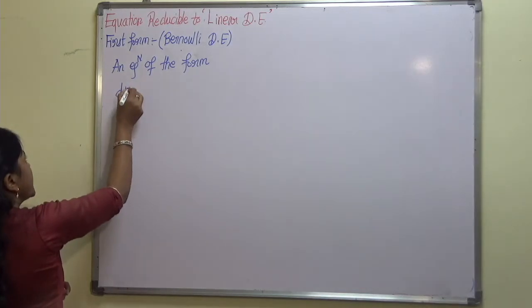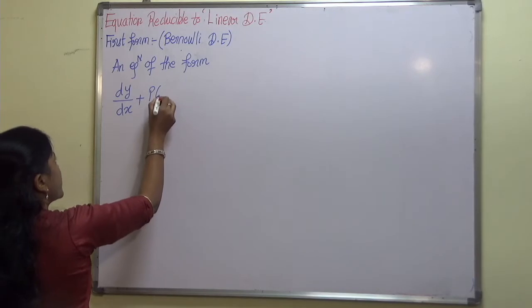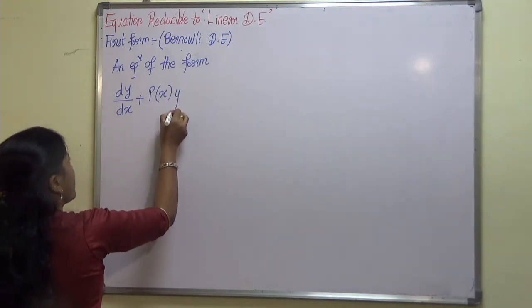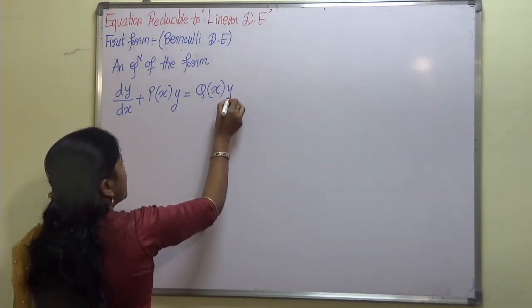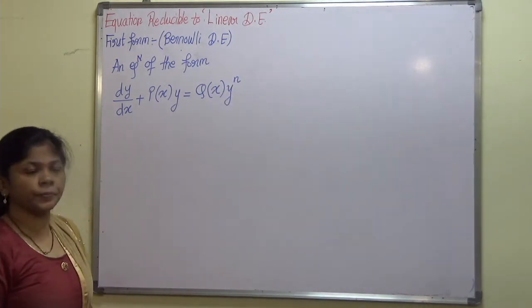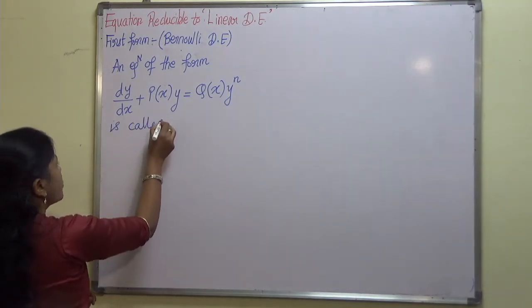dy by dx plus p of x into y is equal to q of x into y raised to n is called the Bernoulli differential equation.